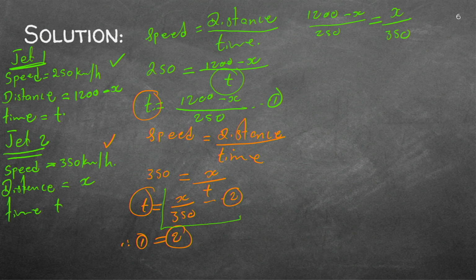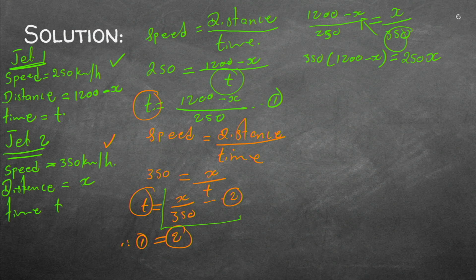And what you do, guys, now you cross multiply, just like we did in one of our previous lessons, which is called cross multiplication. So we used a method called cross multiplication, guys. So this will be 350 multiplied by 1200 minus x, and we equate it to 250x. So I multiplied this value with that value, and I did it vice versa on the other side.